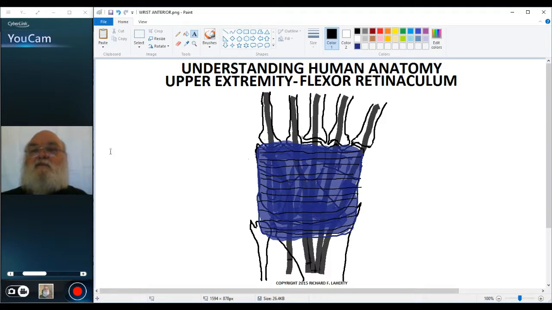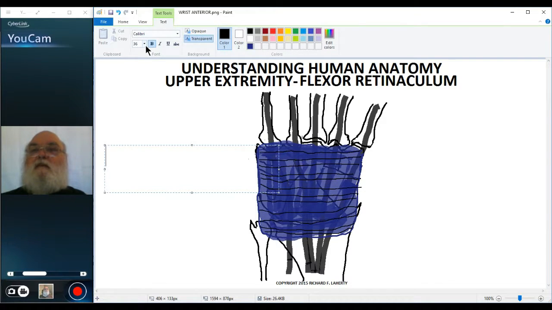So, this is a structure that is called the transcarpal ligament.